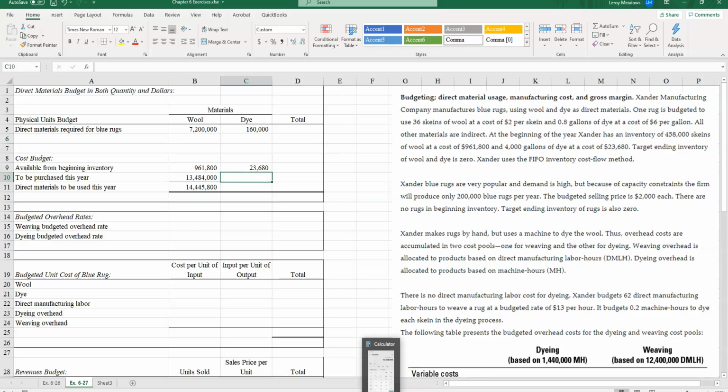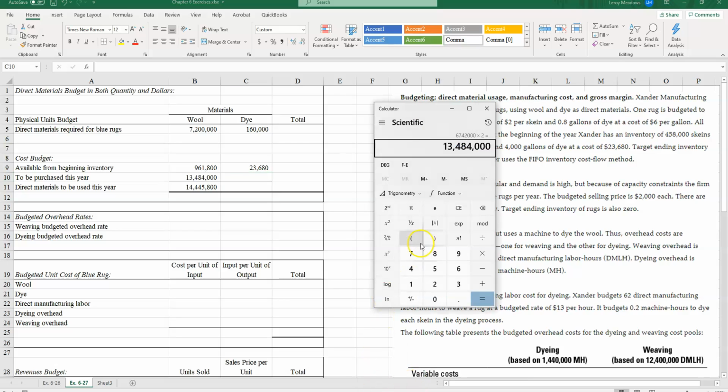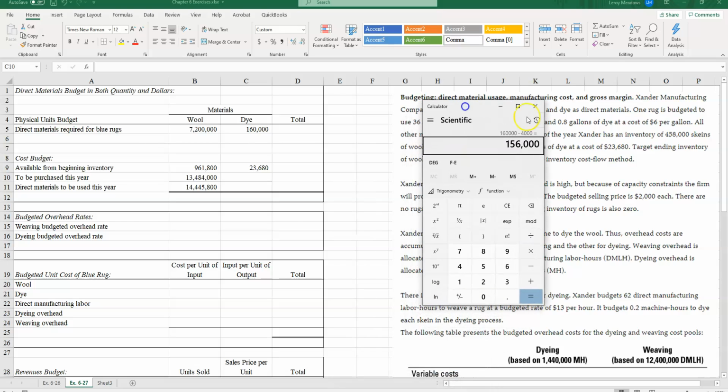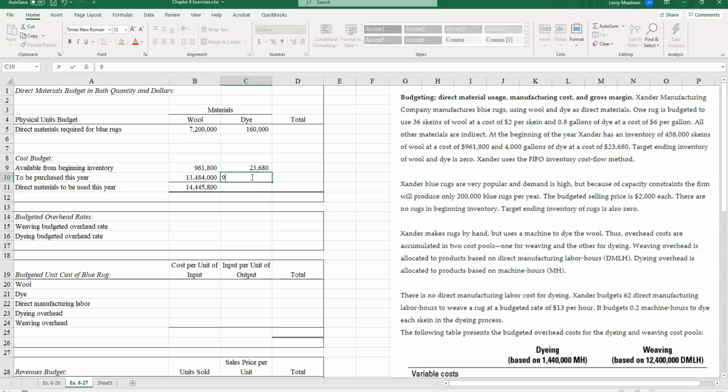So if I need 160,000 and I already have 4,000 gallons on hand, I need to purchase 156,000 gallons of dye at a cost of, let's see, $6 per gallon. It tells me right over here. So the total cost of purchasing gallons this year of dye is going to be $936,000.